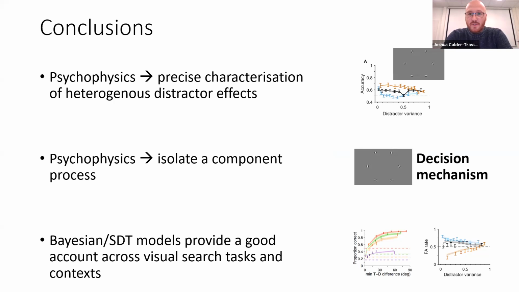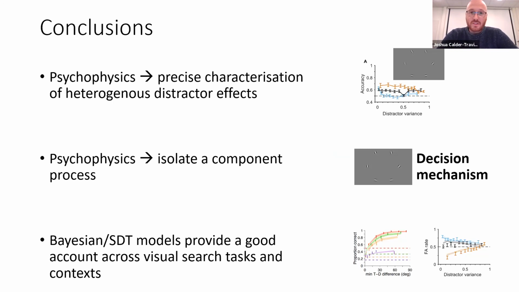And just to summarize, we've seen today that using the psychophysics approach developed by several different researchers over the last decades, we were able to precisely characterize the effects of heterogeneous distractors. We were also able, using this approach, to isolate particular components of the process of visual search, in particular focusing on the decision mechanism.